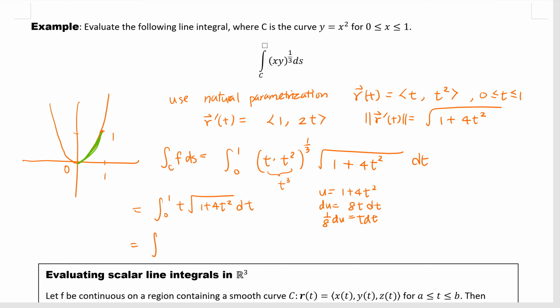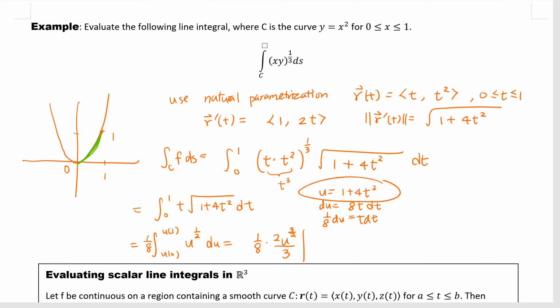Well, u of 0, u of 1, t dt is 1 over 8 du. Square root is like u to the 1/2. Wow, how do we integrate? u to the 3/2 over 3 times 2. And then what is u of 0?